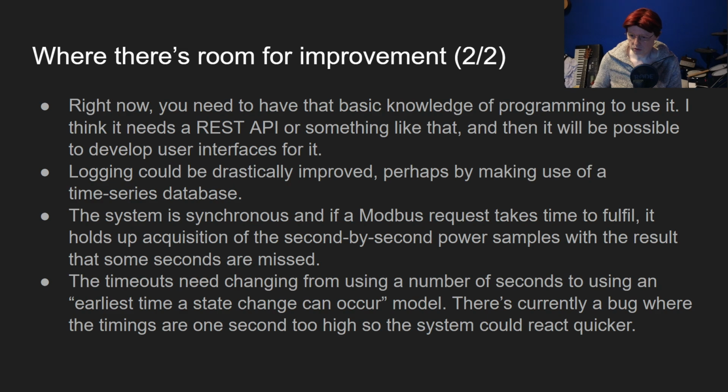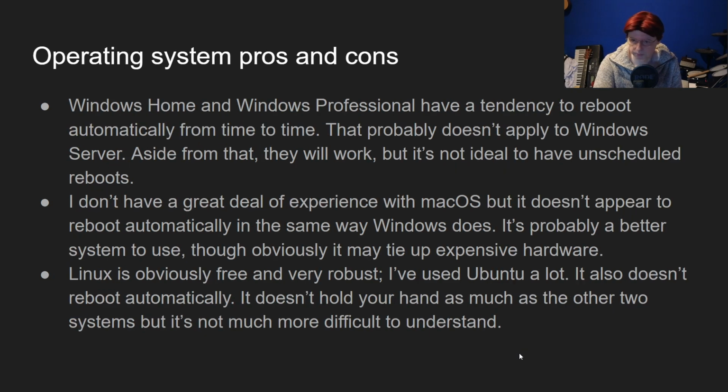Wallbox responds, and it's going to do the same thing the next second and the next second. But if that process is held up at any point, then it stops the whole cycle from occurring. And the timeouts need a little bit of tweaking, and they need to use absolute times rather than number of seconds. So pretty easy bugs to fix. I just haven't fixed them yet.